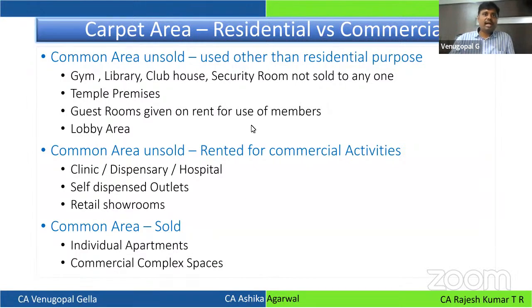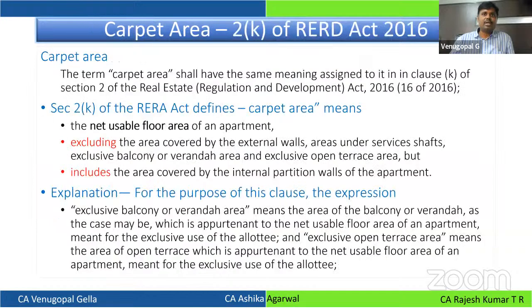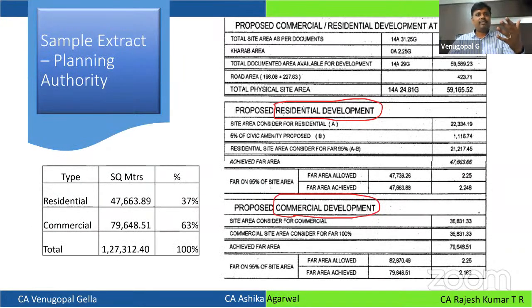So if I go back to my previous example, you would have to go by the plan sanction which has been given. However, there is an FAR and super built up, and maybe another 15% lower than this would be the carpet area.